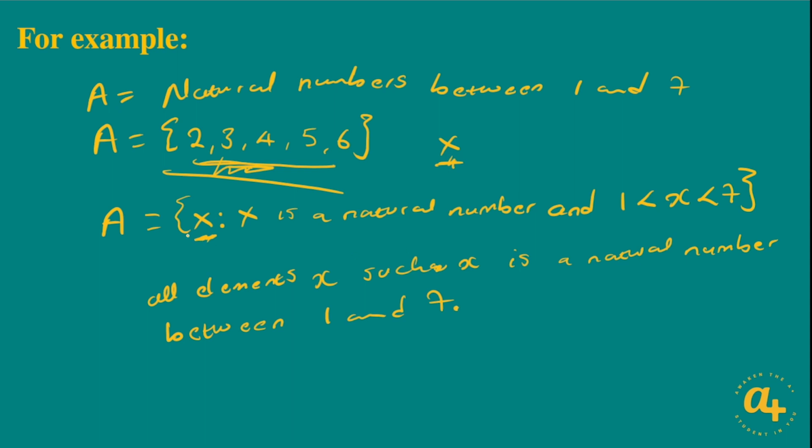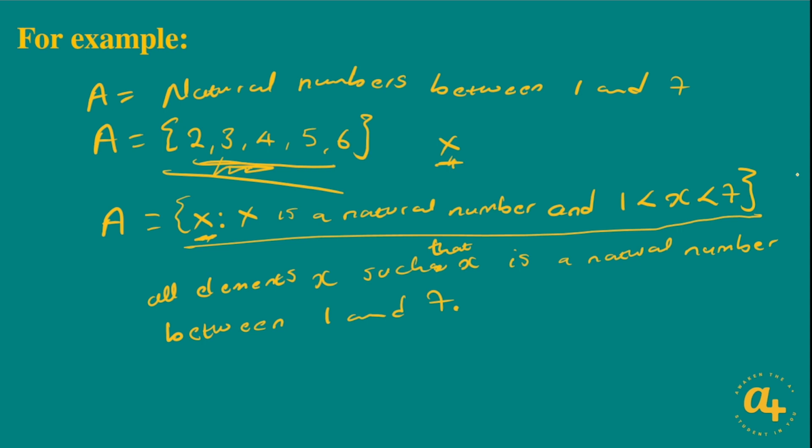Okay, so this is how we read what we've basically described here using set builder notation. And this, ladies and gentlemen, is how we can basically describe the elements of a set, even though we're able to properly list them down. And that's one of the advantages of being able to describe a set in order to represent it.